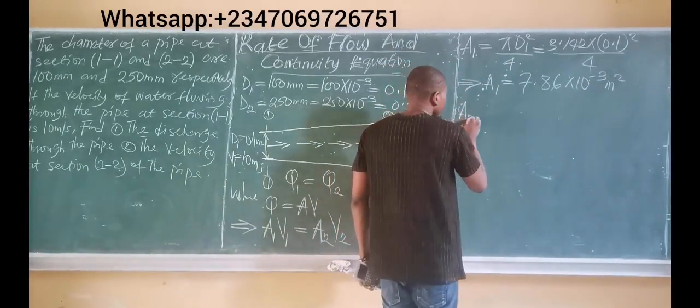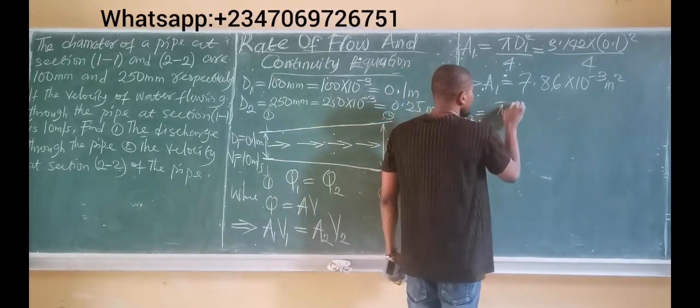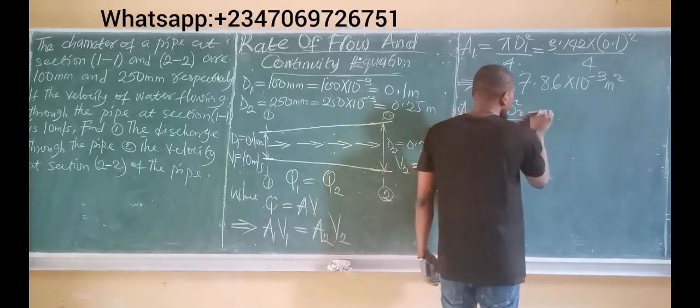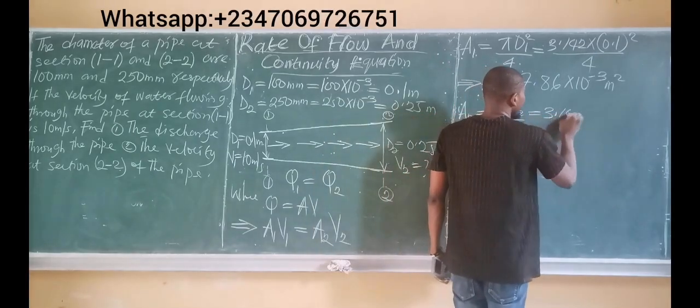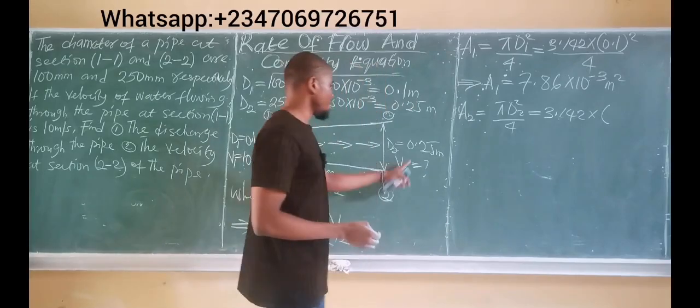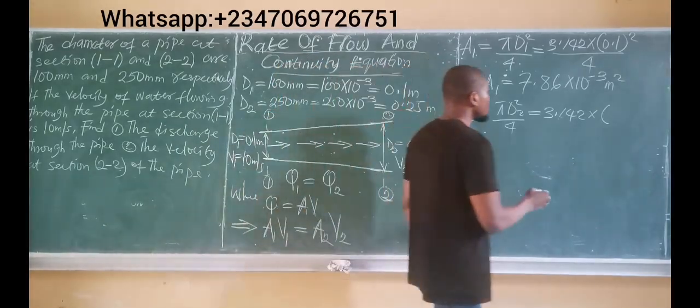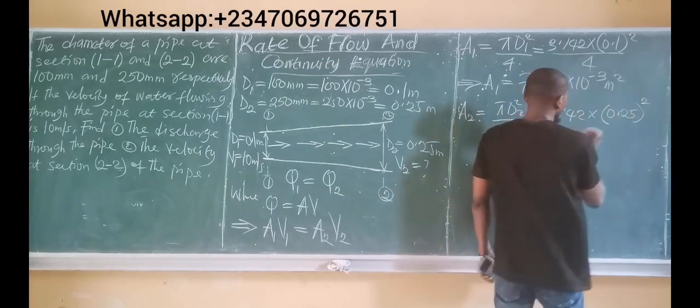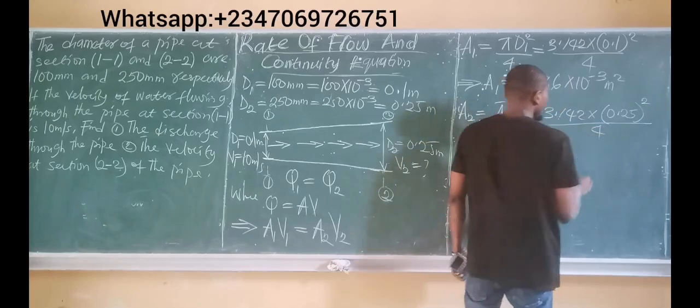Again, area 2 is equal to pi diameter 2 all squared divided by 4. Once more, pi remains 3.142 multiplied by the second diameter, which was given to us as 0.25 meter. So we have 0.25 all squared divided by 4.